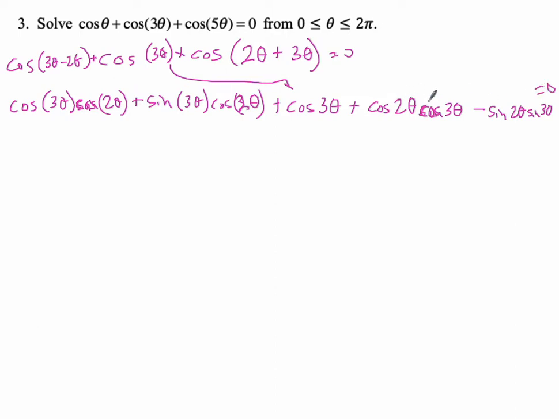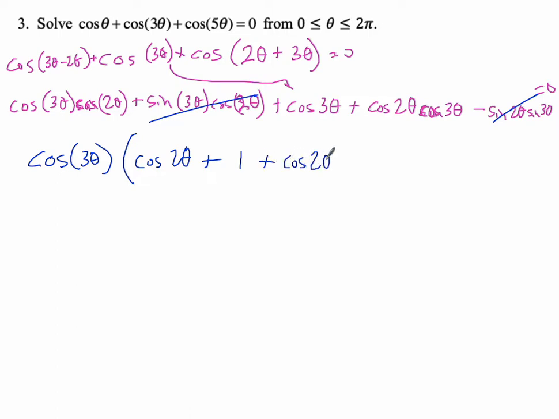Equals 0. So what happens after that then? Actually these two cancel because one's plus and one's minus, right? So that worked out nicely. And then all the other ones have a 3 theta in them, so you can factor out cosine 3 theta. Factor out cosine 3 theta, and we get cosine 2 theta plus 1 plus cosine 2 theta equals 0.